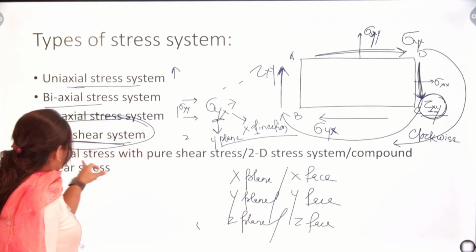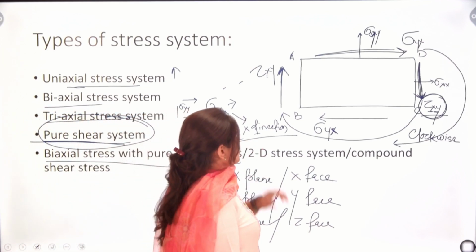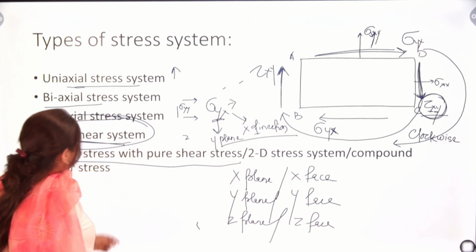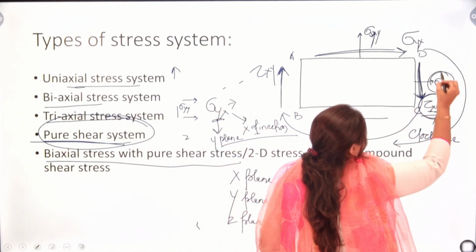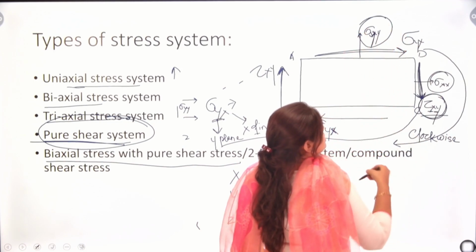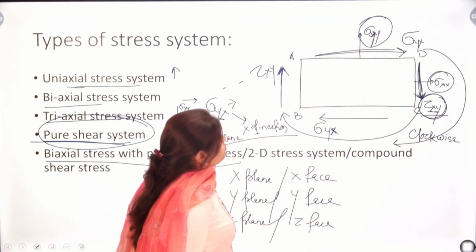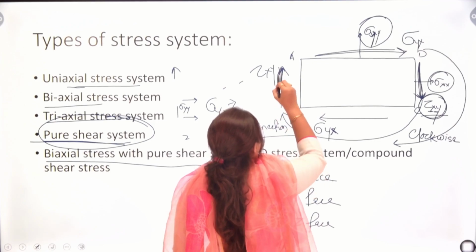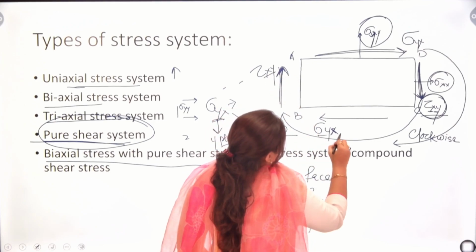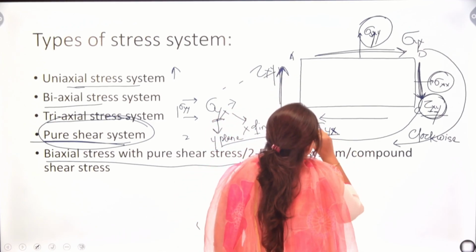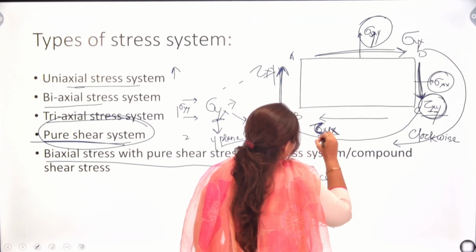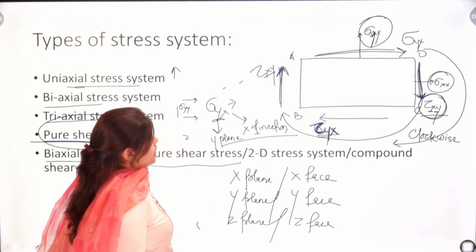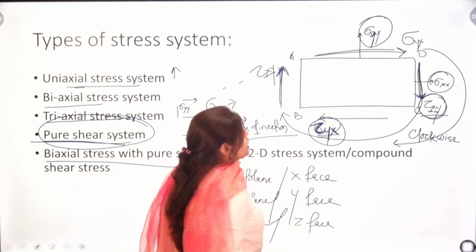Now, biaxial stress with pure shear stress. Biaxial stress is similar: here sigma xx and sigma yy are present, and also tau xy and tau yx are present.